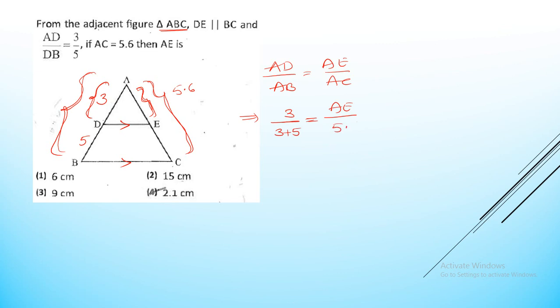So AC is nothing but 5.6. So what is the value of 3 plus 5? 3 plus 5 is 8. So 8 7s are 56, no? Since here we have a decimal point, 0.7 times. So when I do cross multiplication, AE is equal to 7 3s are 21. So using the decimal point, we are going to have 2.1 centimeters. So answer is 2.1 centimeters.